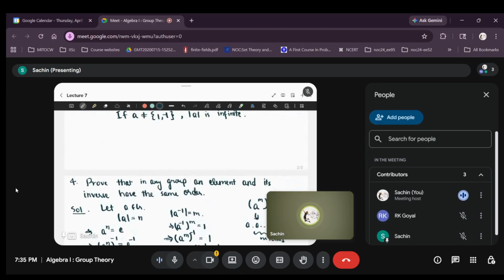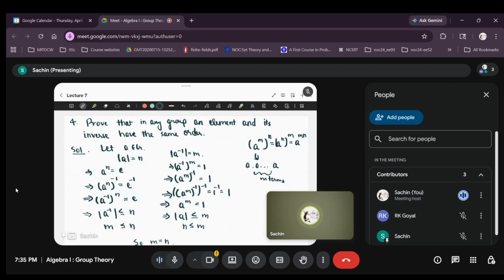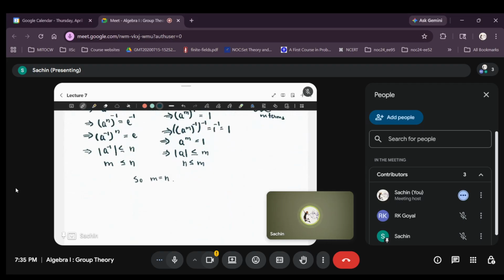This we did only for the finite case. When the order of A is n and the order of A inverse is m, we assumed that the orders were finite. But the statement holds even when the order of A is infinite.